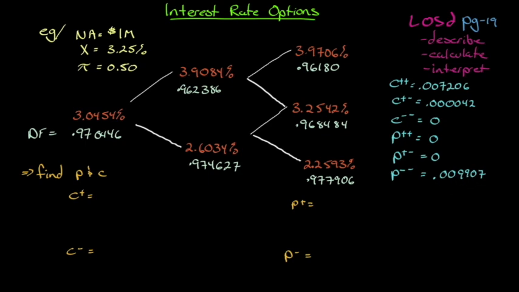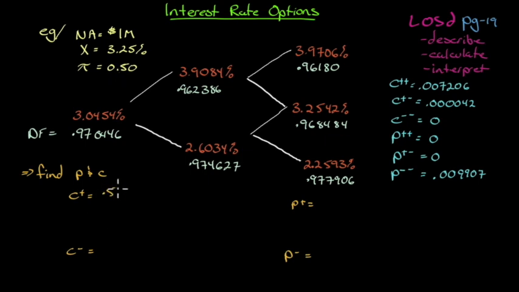So let's go ahead and solve for the value here, the C plus, the C minus, the P plus, and the P minus, so that we could figure out C. And we're told that our risk-neutral probability is 0.5 of an up move, so we have 0.5 of a down move as well.